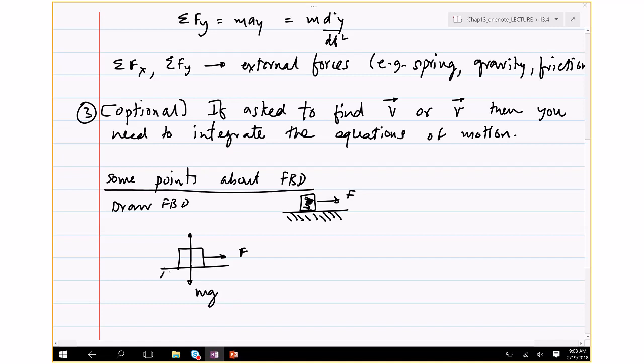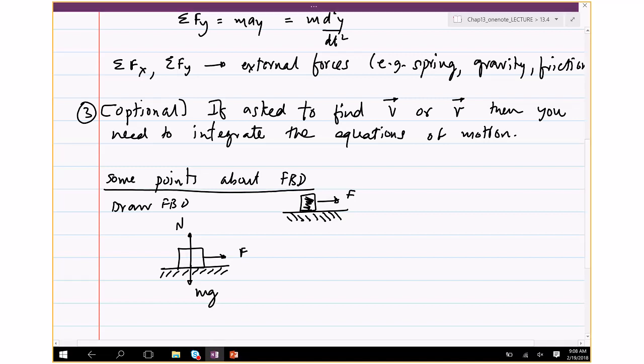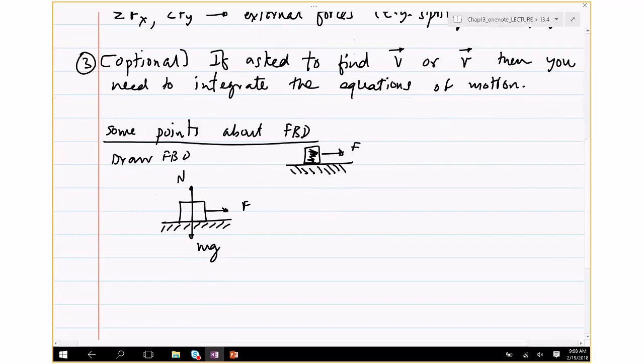A common way of drawing it is, well, you just take the diagram. What people do is, given that figure, on top of the figure they'll draw forces, and this is incorrect.